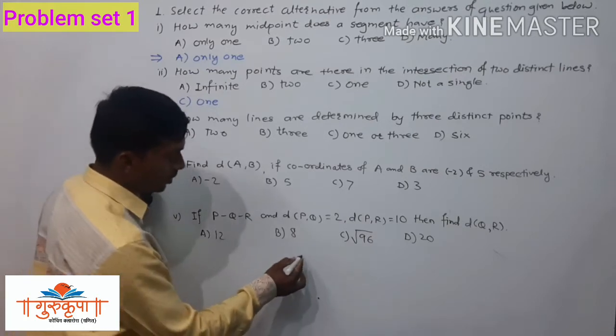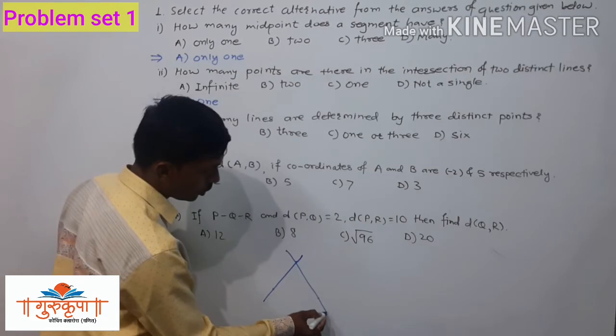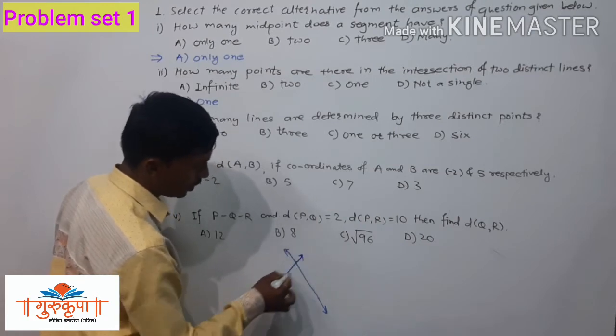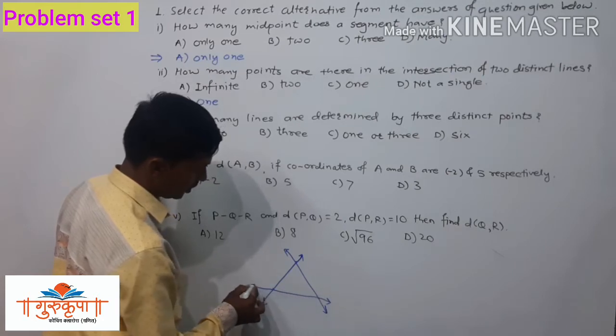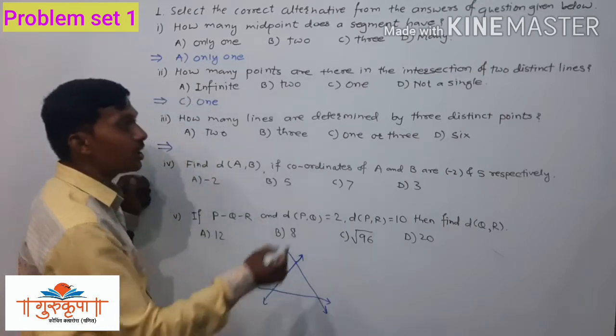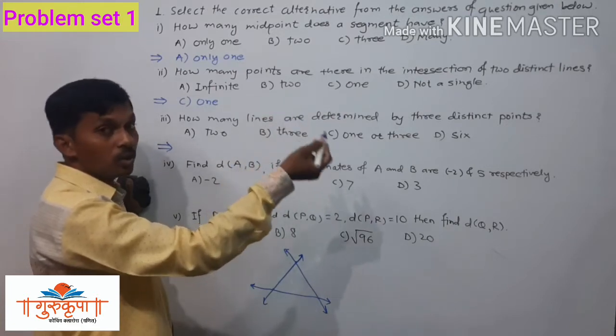So here we can draw 1, 2 and this is 3 lines. But it is not given whether the points are collinear or non-collinear.